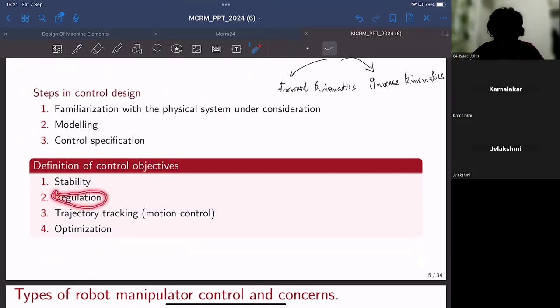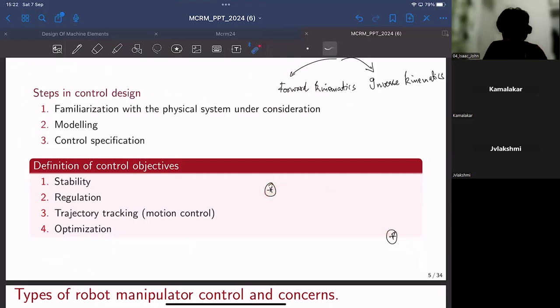Another objective is either regulation or tracking. If your robot is currently at a position and wants to move to a desired location, it should do that successfully. That is called a regulation problem: forcing your current state to your desired state.